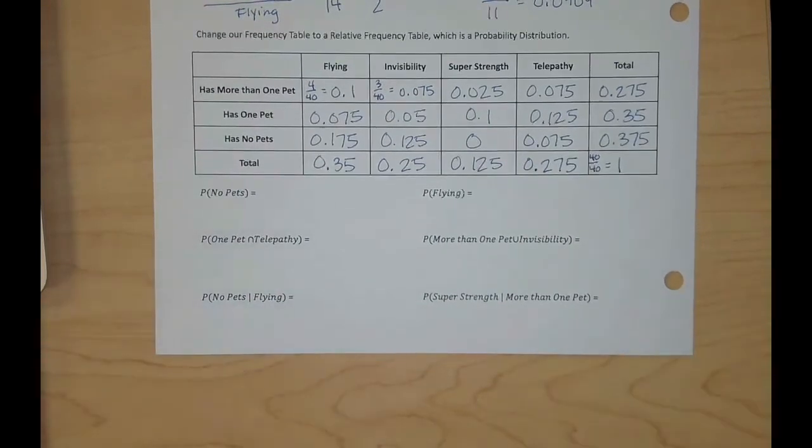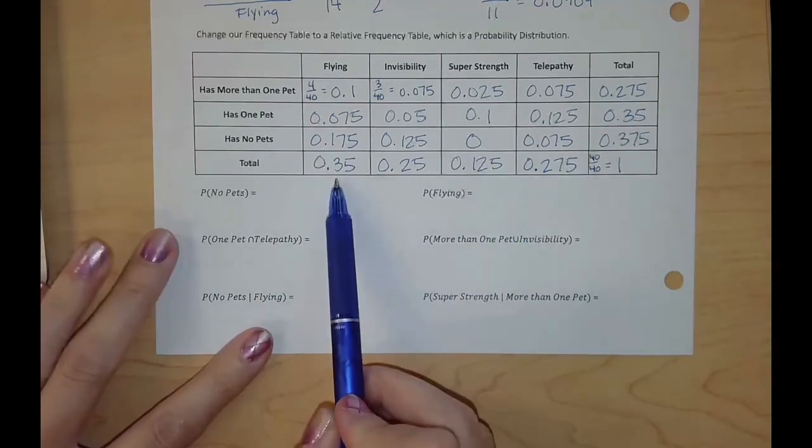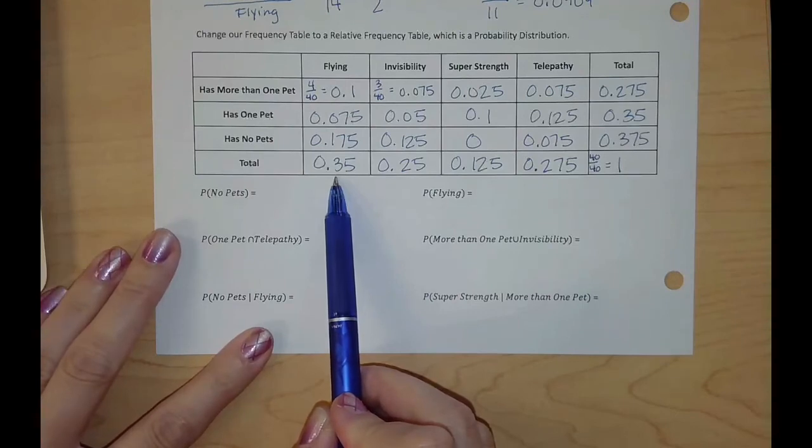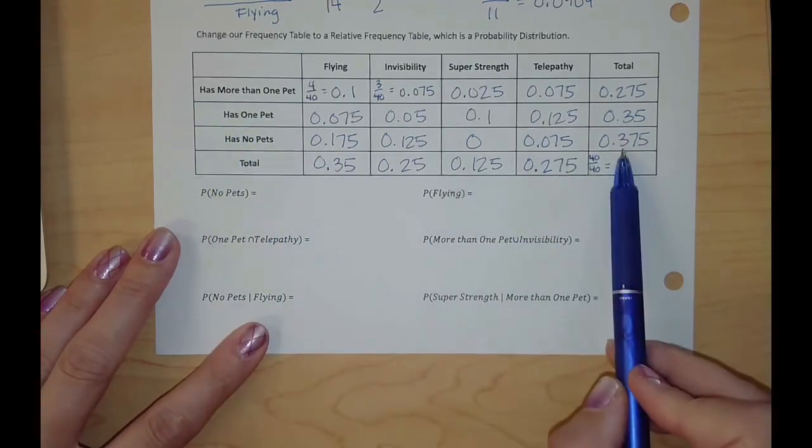We're going to do the same probabilities, but this time we should just be able to point to it. So the probability of no pets is, right, probability of no pets, where am I at? No pets, no pets, no pets. 0.375.